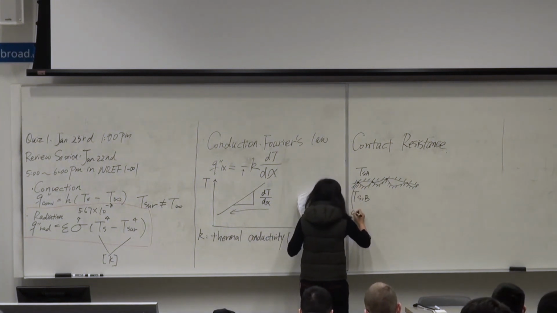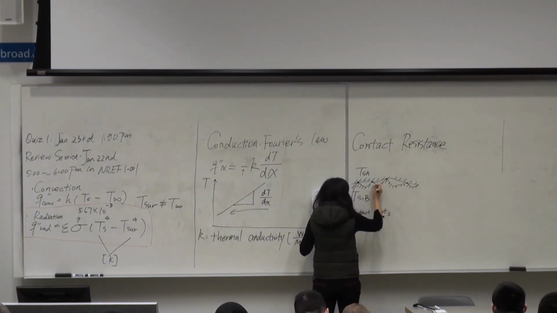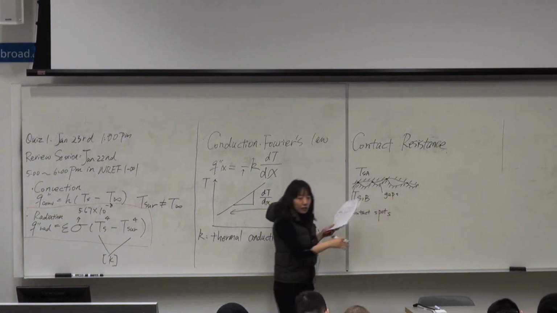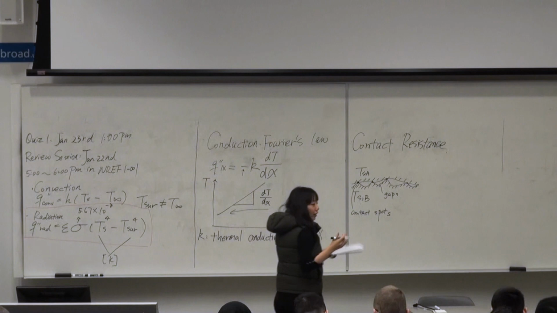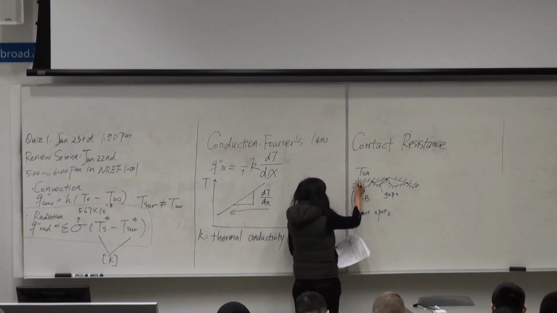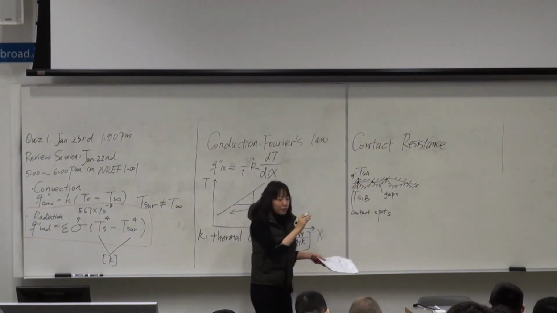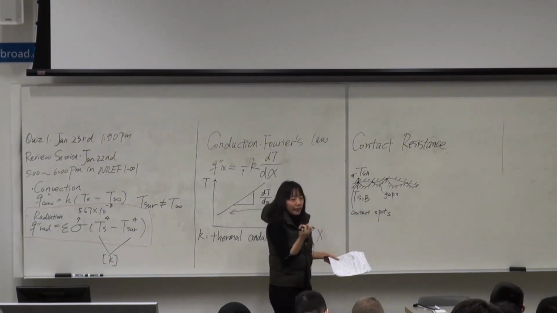So we have contact spots here, and also there are some gaps. So the mechanism of contact is a combination given by the conduction within contact spots.